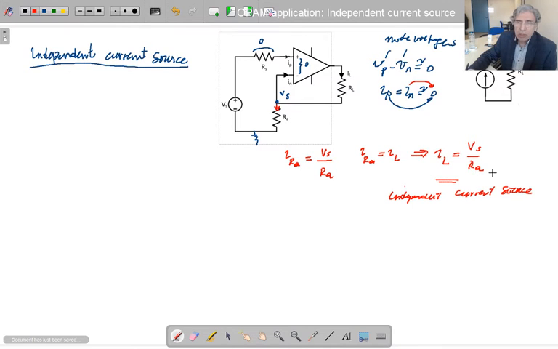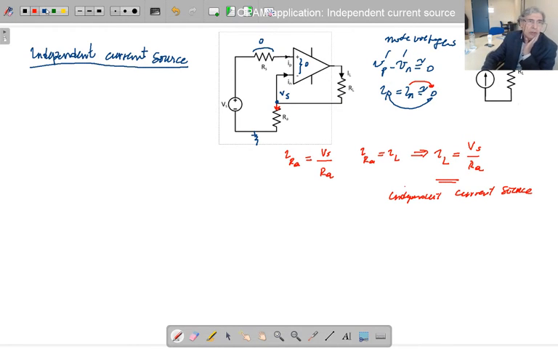We are saying whatever the RL value is, my current is Vs over Ra, and those two do not change. So that means IL becomes independent from the RL load. Therefore, it is called an independent current source.